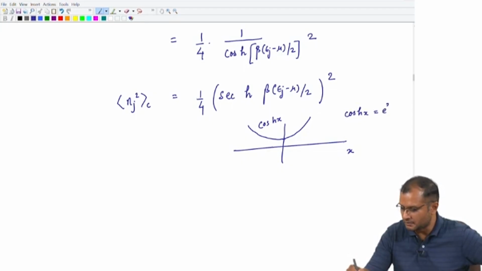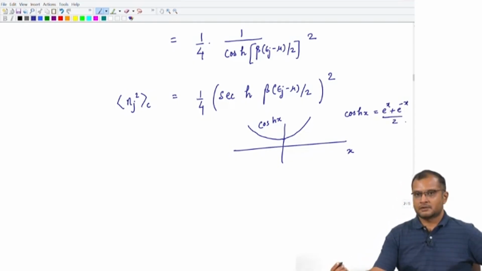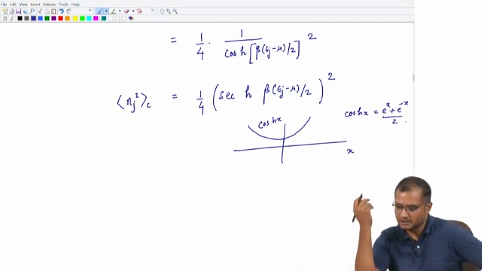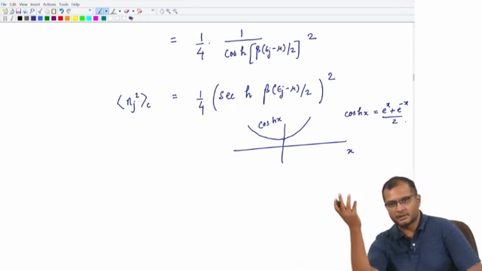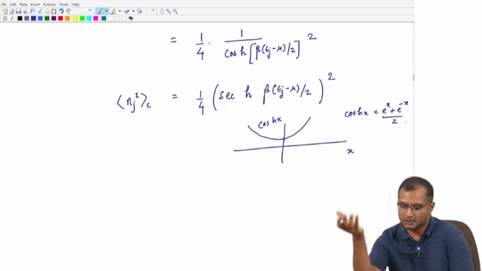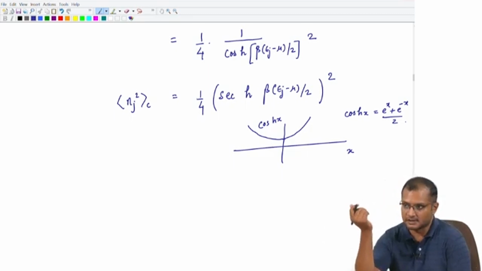You already know by now, but I am just writing it for reference. At large x it behaves like an exponential, and for negative large x also it behaves like a positive exponential. So, it goes to positive infinity as x goes to infinity.